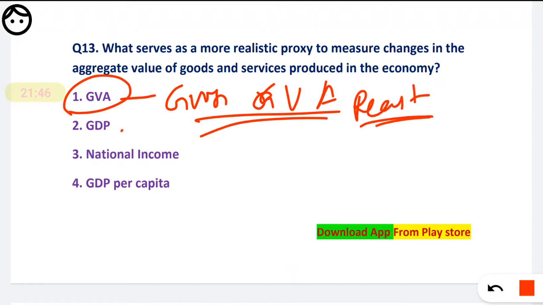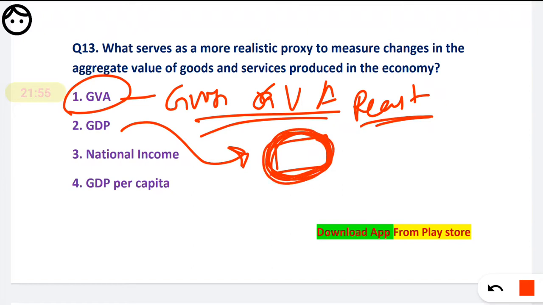Why? Because in GDP we don't know the exact figure, it is just a boundary. We are calculating the goods and services produced within a boundary, right? Here we are not considering the taxes and the subsidies in the GDP.